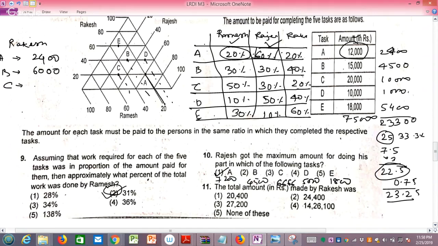C के लिए इज गेटिंग 20% ऑफ 20,000, यानी 1/5, यानी 4,000, राइट. Then 40% of 10,000, तो again 4,000. D के लिए एंड देन E के लिए 60, तो 10,800. तो जस्ट सबमिट अप. 27,200 is the answer. So we are getting option 3 as the answer. यहाँ पे answer is option 3.